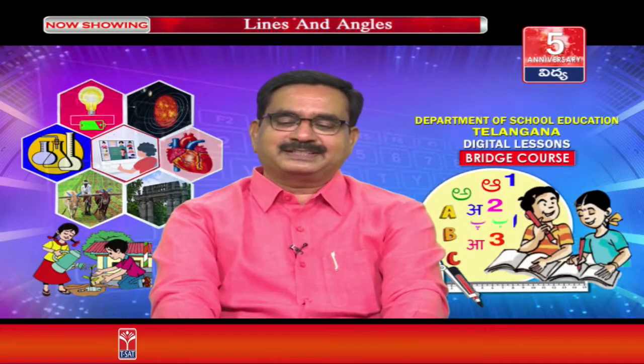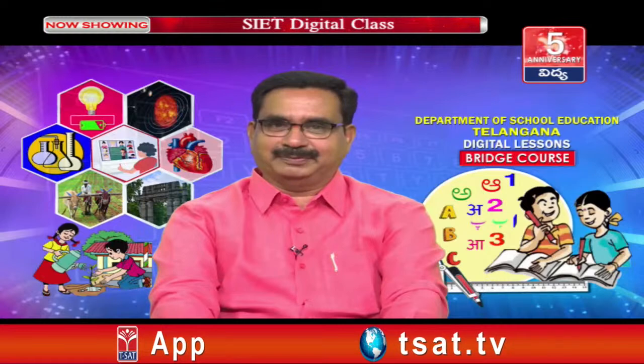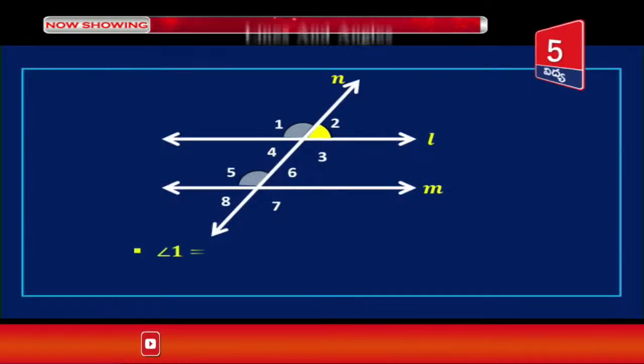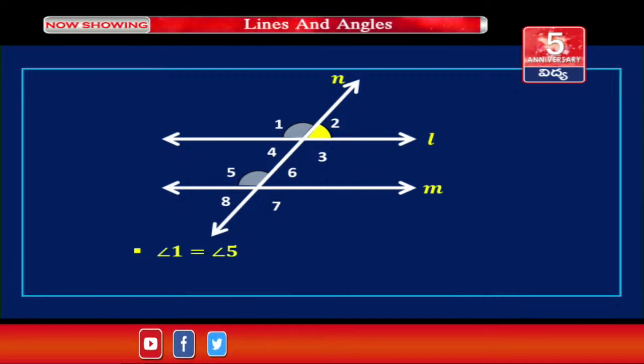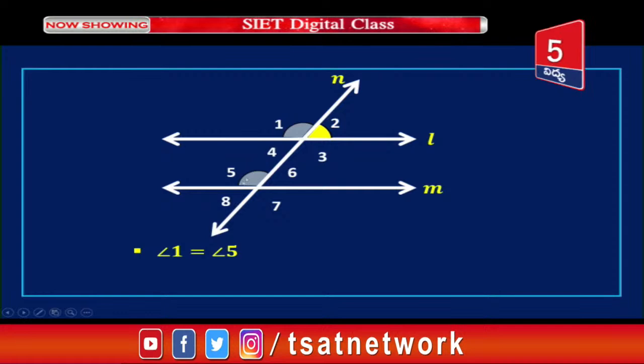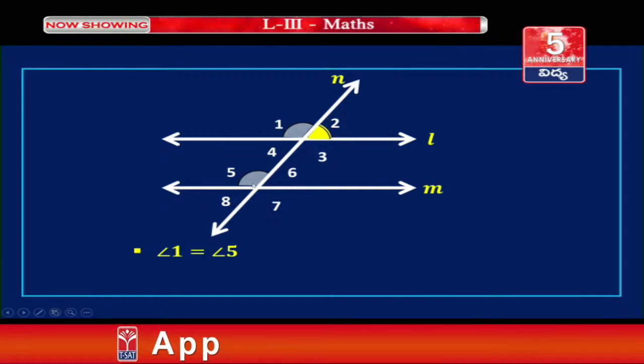Children, let us discuss transversal and parallel lines and the properties of angles in them. Now observe the slide. Angle 1 is equal to angle 5. These are on one side of the transversal line. One is exterior, one is interior.